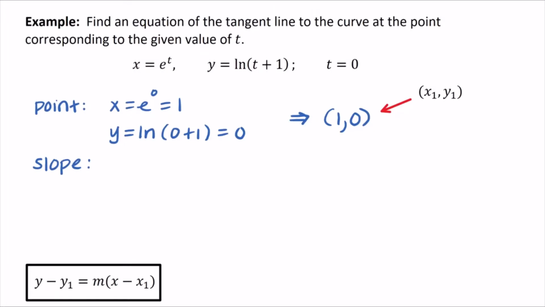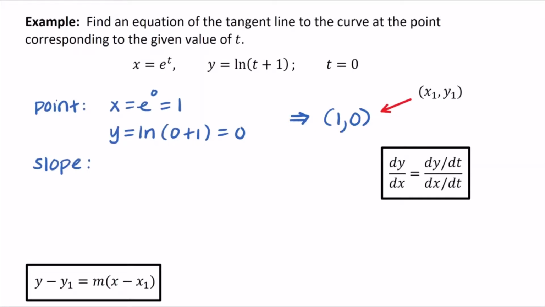To find the slope, we need to find dy/dx for our parametric curve, or dy/dt over dx/dt, evaluated at the appropriate t value. Using our parametric equations, dx/dt equals e to the t, since the derivative of e to the t will be itself, and dy/dt will be equal to 1 over the quantity t plus 1, using the derivative rule for the natural logarithm function.